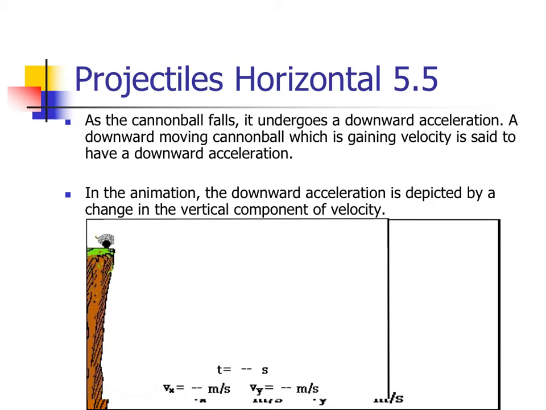The horizontal does not change. It's bigger and bigger and bigger. If I pause this at any point, which I don't think I can because it's a GIF, I would be able to see that those make a triangle. And then I could find the velocity that I would observe of the cannonball through the air at any given time.